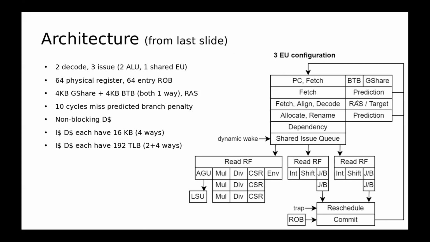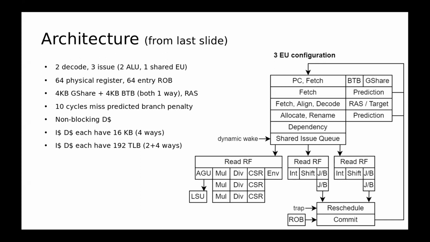It has some branch prediction, not the best in the world, but something which fits well in FPGA. Does the job. And to give some idea, if you have a misprediction, you lose 10 cycles. So the penalty for a mispredicted branch is quite painful. And the data cache is non-blocking, so the core can do multiple line refills and line write backs at the same time.